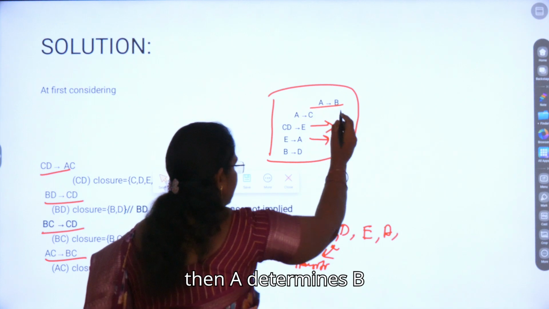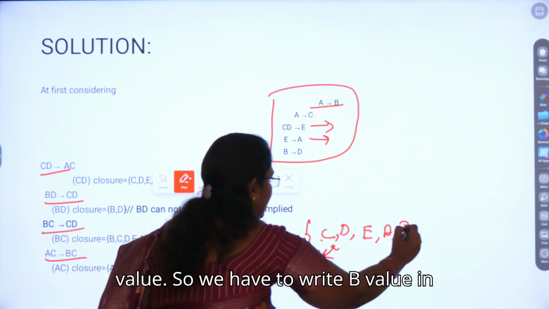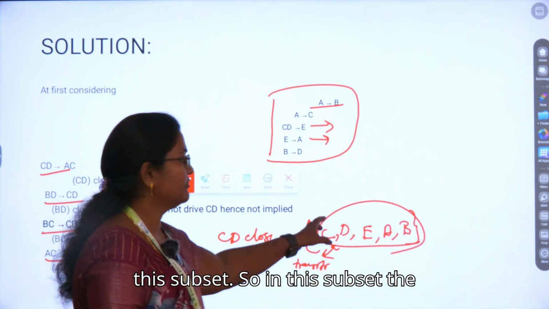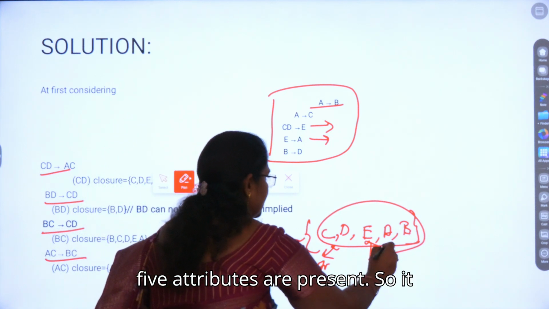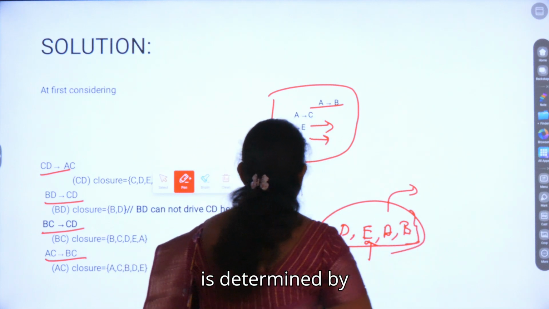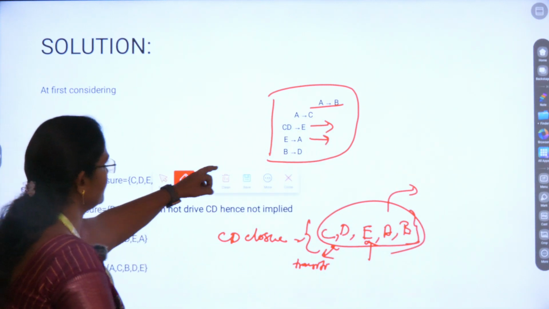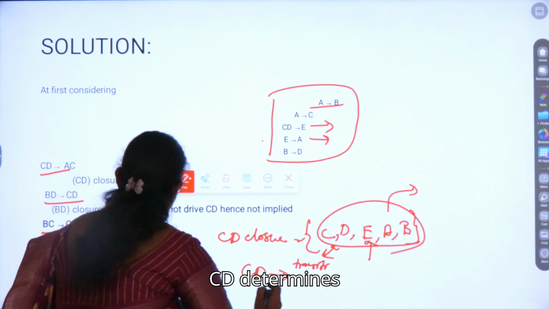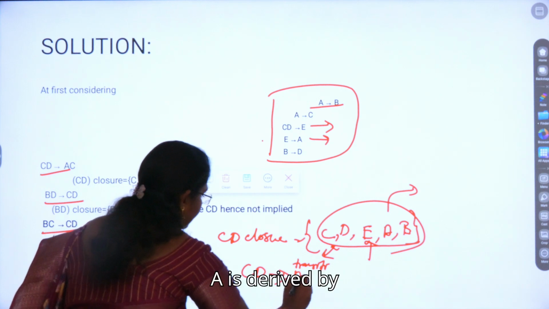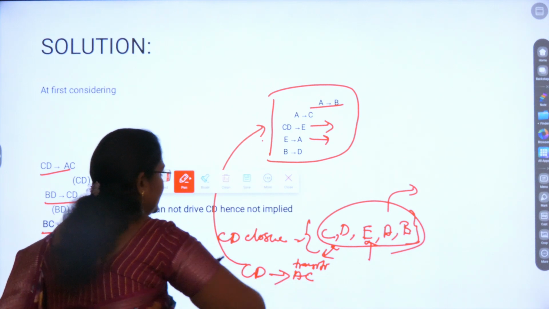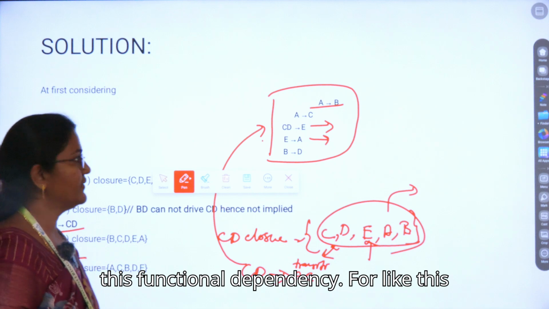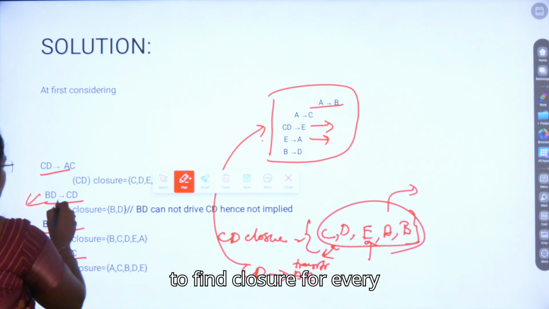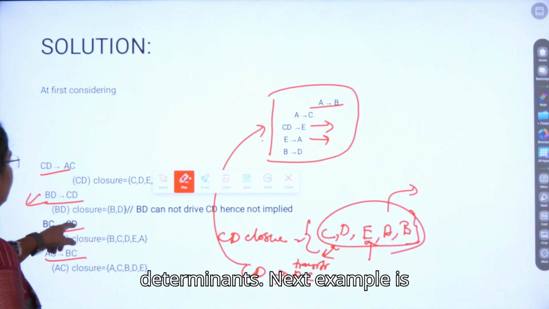Then A determines B, so we write B in the subset. So in the subset, all 5 attributes are present. So CD determines A is derived from these functional dependencies. Like this, we have to find the closure for every determinant.